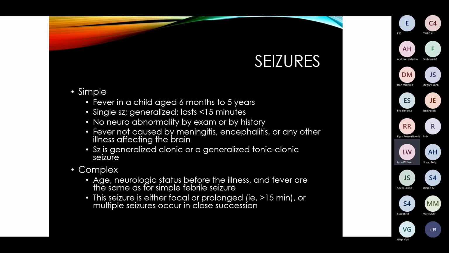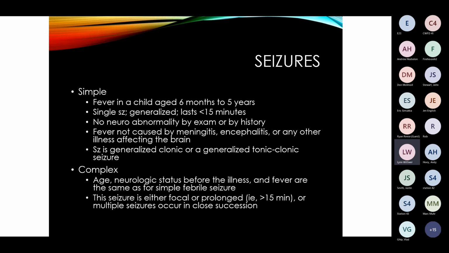All right, on to seizures. Seizures are a dime a dozen. It's common in this business, particularly febrile seizures. A simple febrile seizure is generally fever in a child aged 6 months to 5 years. It's generally a single seizure.